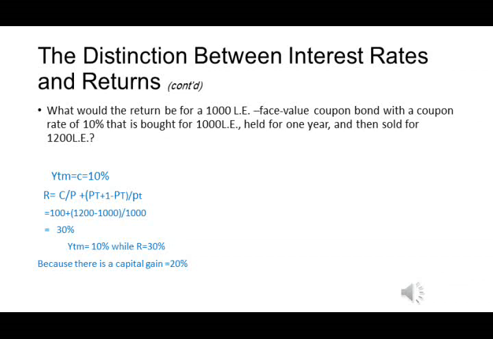So the rate of return will equal the current yield, which is the coupon payment 100, plus the price of the bond at the time t plus 1, which is now 1,200, minus the price of the bond I have paid already to purchase it, 1,000, all divided by 1,000. Here we can see that the rate of return will be 30%, while the yield to maturity was only 10%, which means that there is a capital gain from selling the bond equal 20%.